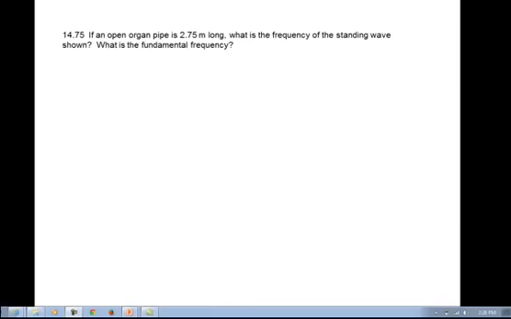Alright, in this one we're going to take a look at harmonics, and it says that this is 14.75, and there's a drawing in the book, so I'm going to draw a drawing on here. One end is going to be closed, so this is the closed end, and the other end is open.